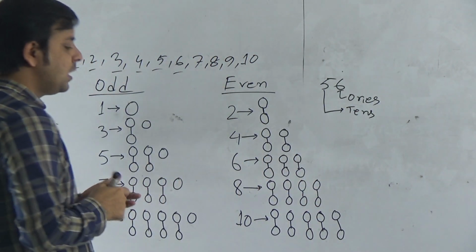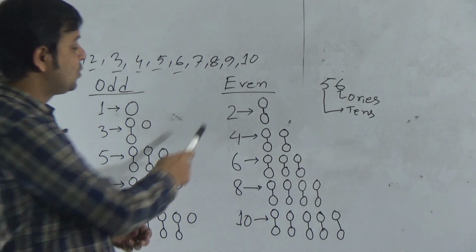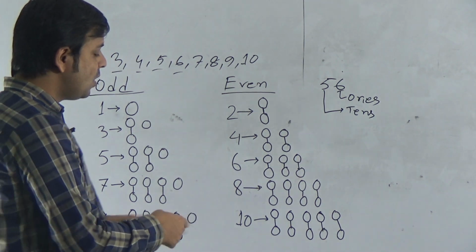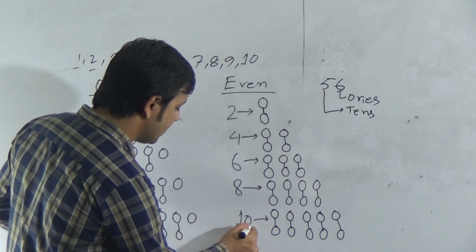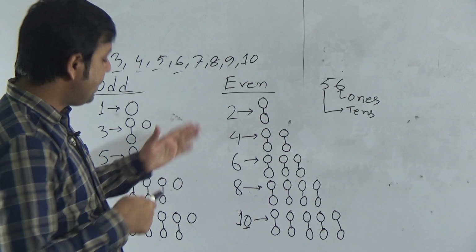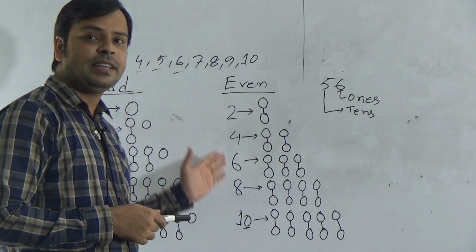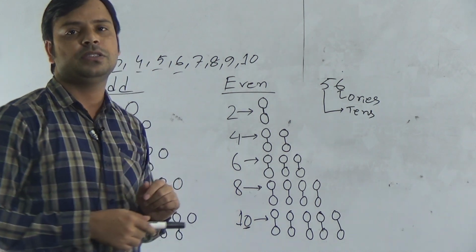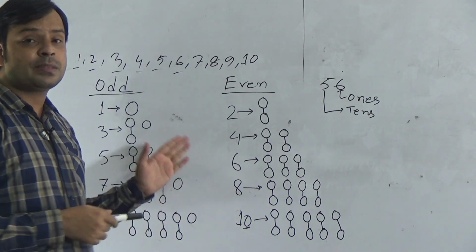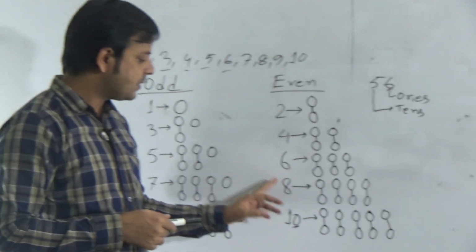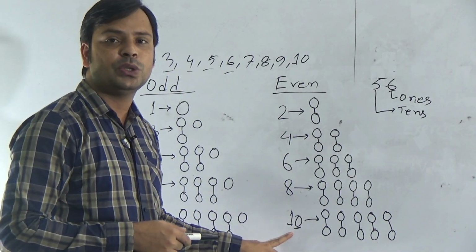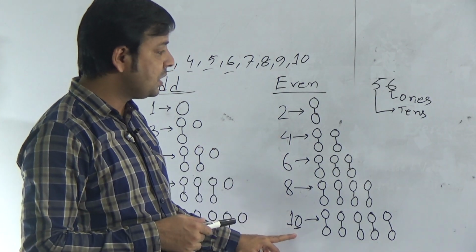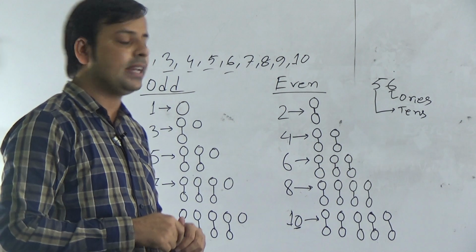Students, remember that 2, 4, 6, 8 and 10 are even. It means that here 0 is in the ones place. A number is said to be even if its ones place is 2, 4, 6, 8 or 0. If the ones place is 2, 4, 6, 8 or 0, then the number is called even.